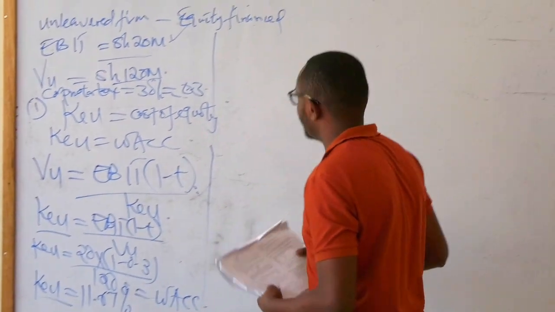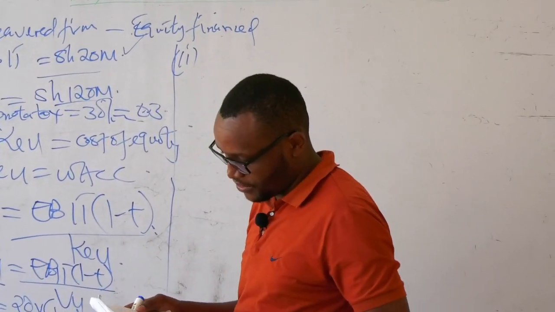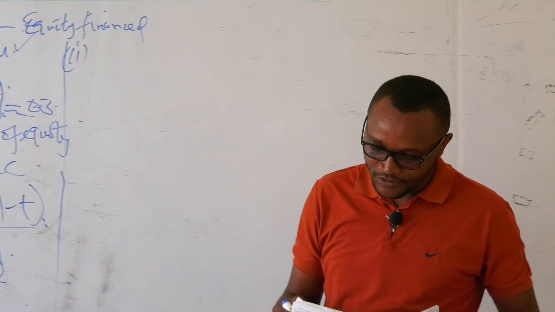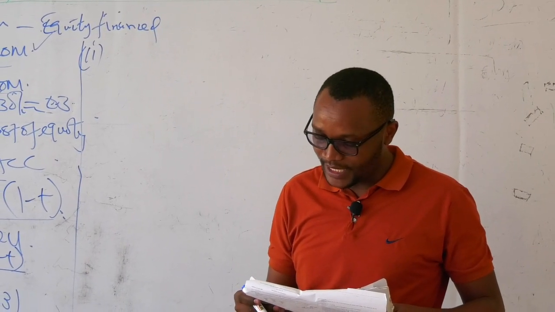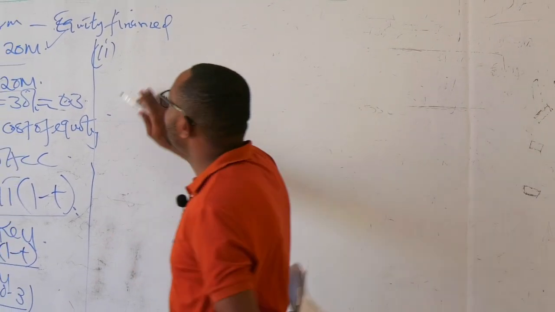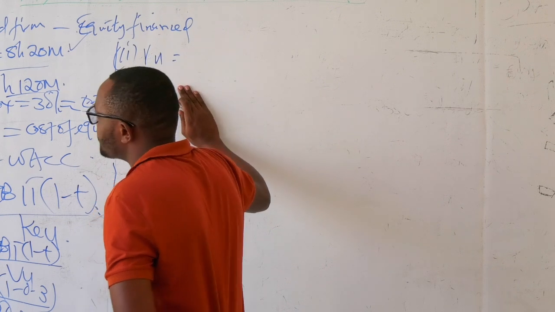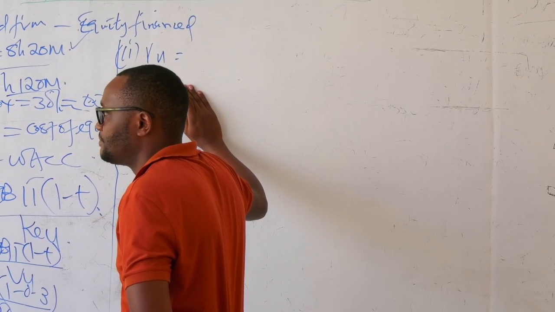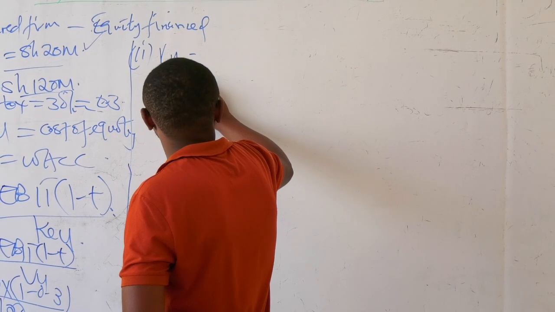We go to the second bit of it, Roman 2. We are talking about the company's optimal level of debt finance using the Modigliani and Miller model, with the tax model, excluding financial distress. So we say the value of the firm is equal to that of a levered firm. Most of the time we are talking about the value of a levered firm here.